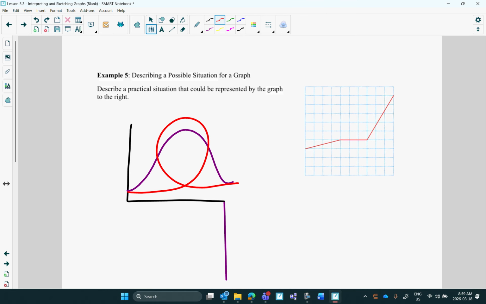Why not the red? What's wrong with red? Remember, this is time. You'd start at a certain height on the Ferris wheel, then you'd start to climb, and then you'd start to go back in time as you're climbing, and then you hit the top as you go back in time, and then time continues forward again.